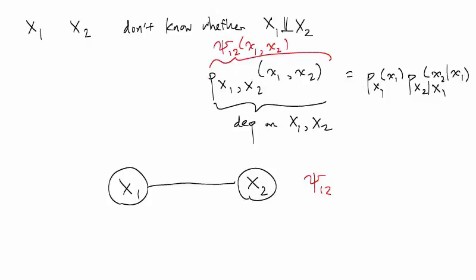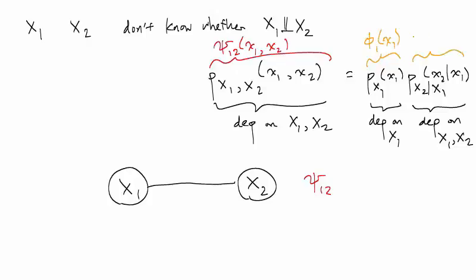Alright, so now note that I have a piece here that depends only on x1, and a piece here that depends on random variables x1 and x2. Here, this thing I can call phi1 of x1, and this thing I can call psi 1 2 of x1, x2. Okay? And this psi is different from this psi, okay? I'm using different colors to mean that they're different things rather than writing, for example, prime.